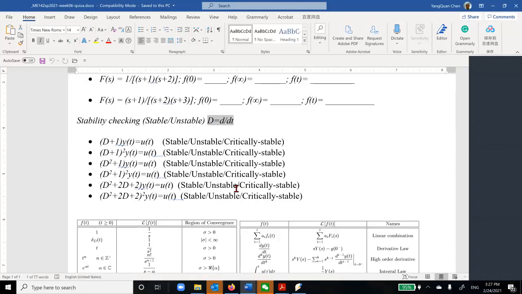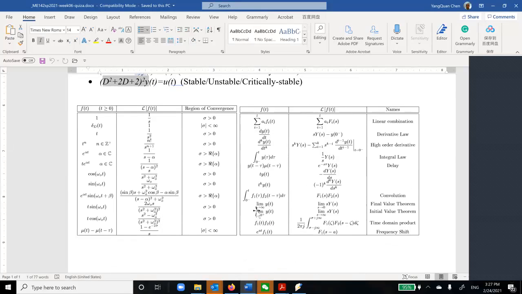Critically stable means your poles are on the imaginary axis. Like I have shown you this one, I also had shown you this one, so you have multiplicity 2 here. Also, you got this as well.